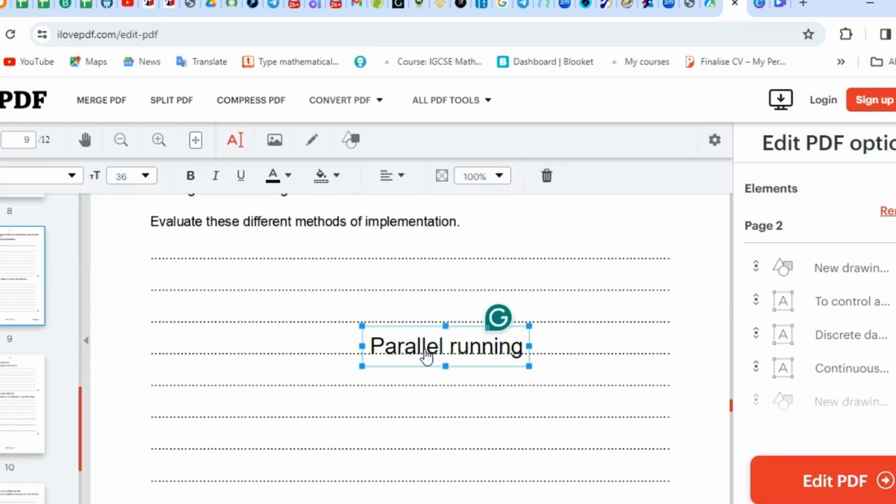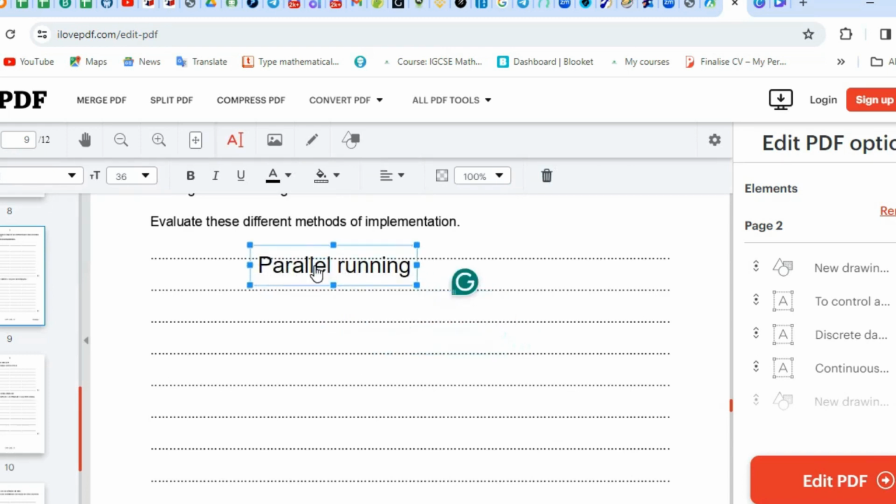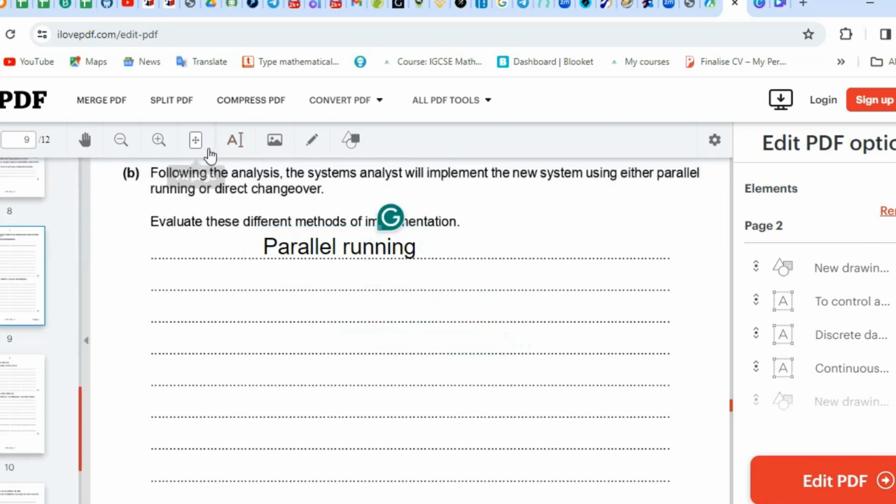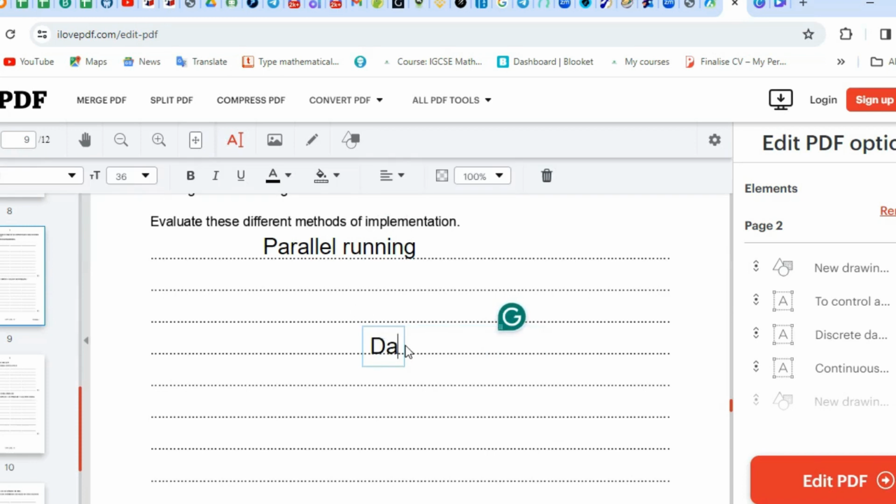This could cause issues with double booking, because when you enter something twice, you might mistakenly enter the same thing again.